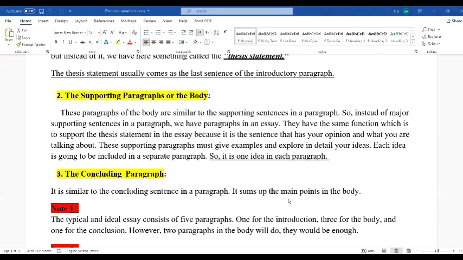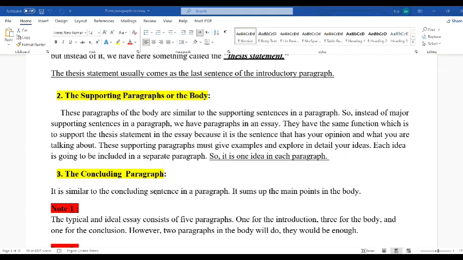We have another way to write in the conclusion. You can, for example, write your own point of view. You can write your own opinion. Okay, you can combine 2 ways. You can summarize the main points, and after that, you can include your own point of view.